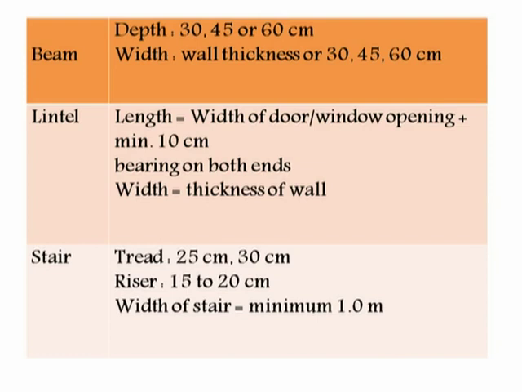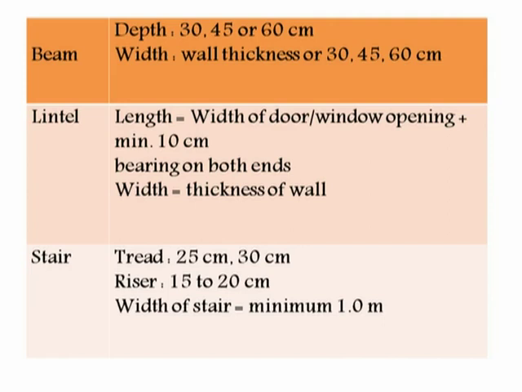Then is the lintel. The lintel is provided over the window or a door to support the wall which is there on the windows or the door. The length of the lintel will be the total clear opening width of the door or the window.